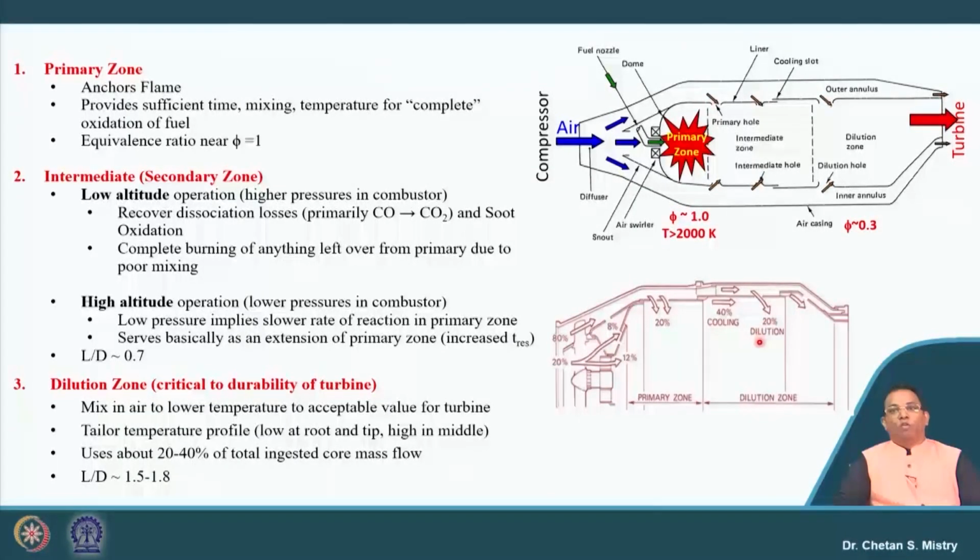Later, we have the dilution zone, where there is dilution of air, or mixing of air and the combustible gas. This maintains the temperature that we will be supplying to our turbine.